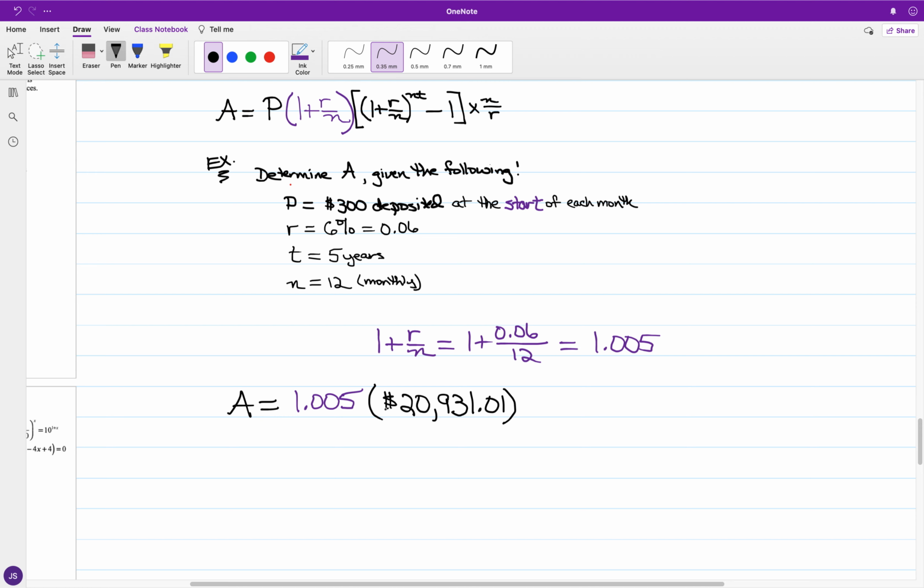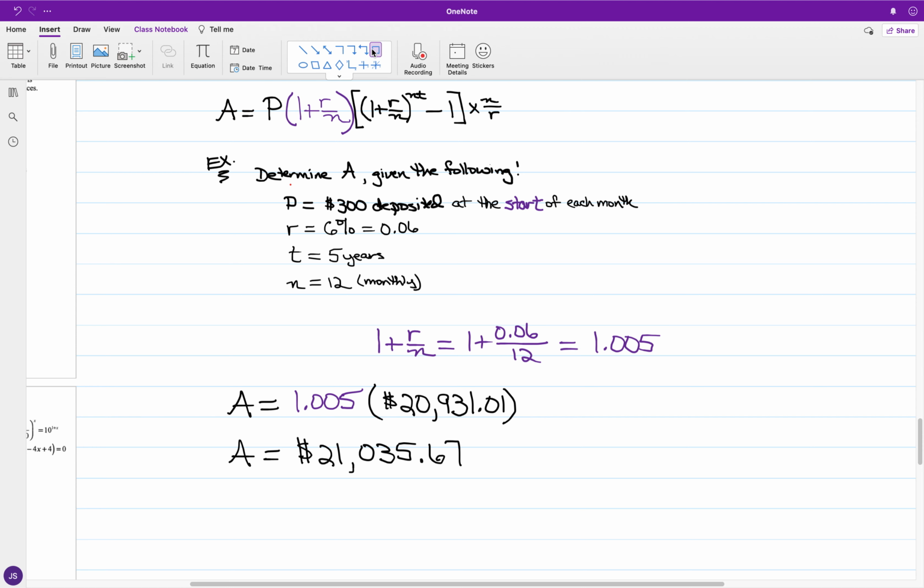So that's going to be the difference between the maximum and the minimum. Taking 1.005 times this amount, the future value in this case is right around $21,035.67. So in the long run, you have just over $104 in the difference.